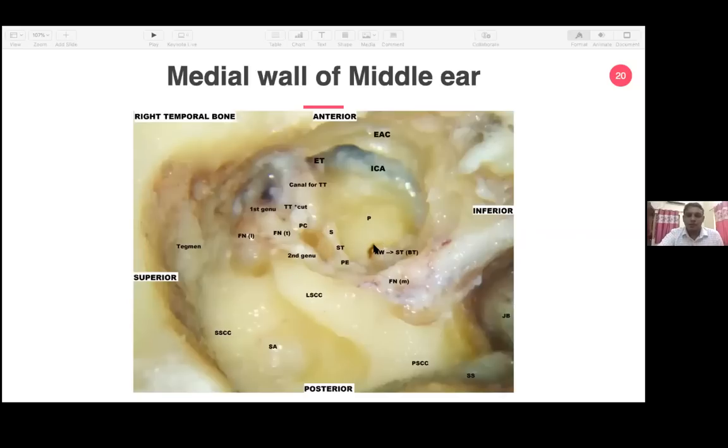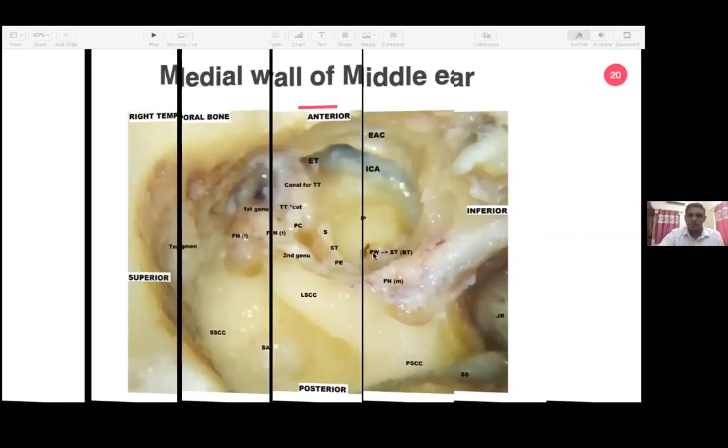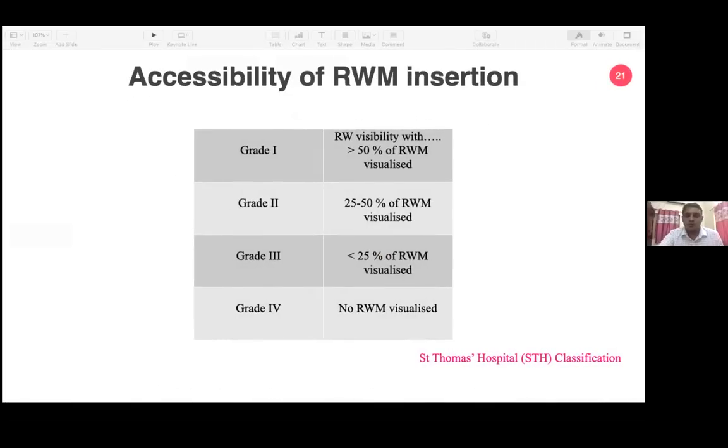Okay. Now, the round window visualization is also important. If one does a posterior tympanotomy and looks for the round window, there is a classification depending on whether you are able to see the round window and the membrane or not.